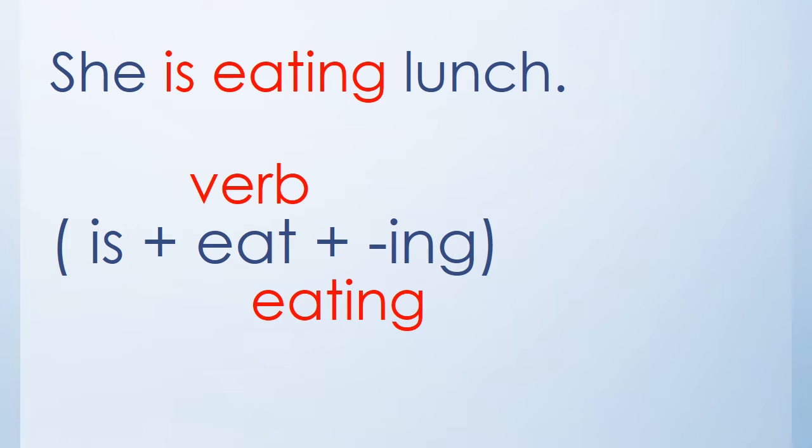Now remember children, you cannot write without using is and eating. You have to use both of them. You cannot write she is lunch or she eating lunch. To complete the sentence, you have to use is and eating both.